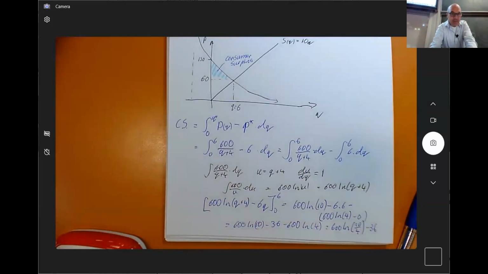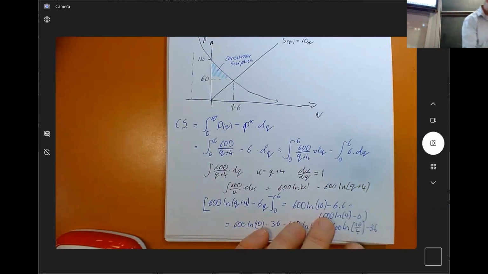Now, what I'm going to do is go equals 600 times ln, so I've got to remember to put that. And so I've got 10 divided by 4, so I can put that in, and then minus 36. And we have ourselves a number, 513.77 dot dot.